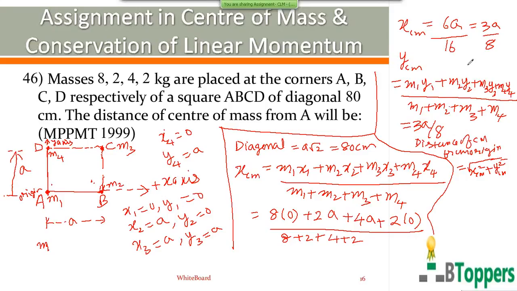Substitute xcm equal to 3a by 8 and ycm equal to 3a by 8. Do the simplification part yourself. In case you need time to copy the solution, you can take a pause and copy the solution and complete the calculation.